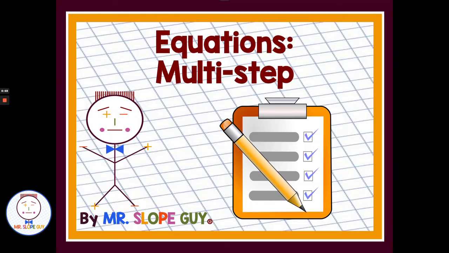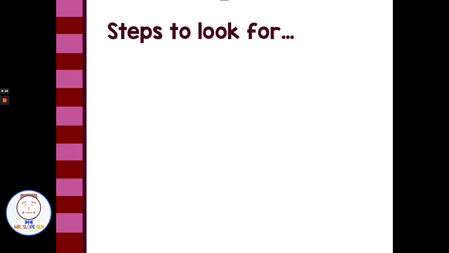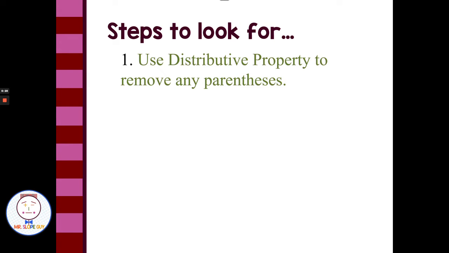As we start moving past equations with just a single step, we get into multi-step equations, two-step, and ones that even require more than two steps to solve. So there are certain things we want to start looking for in equations to solve with more than one step. And those are things like using the distributive property to remove parentheses. You should look for that.